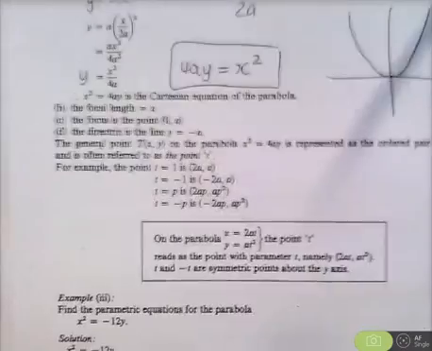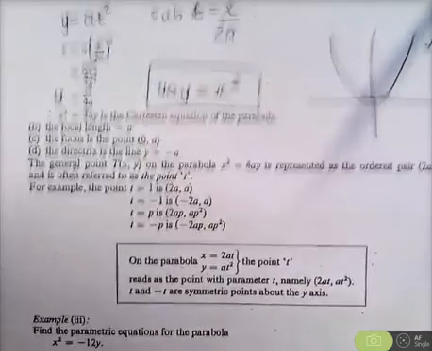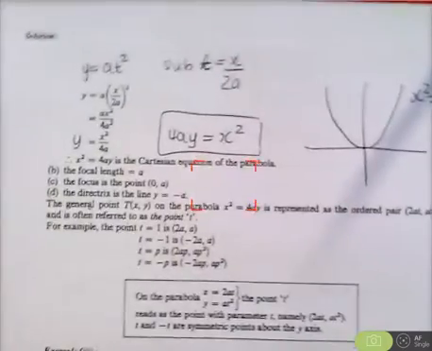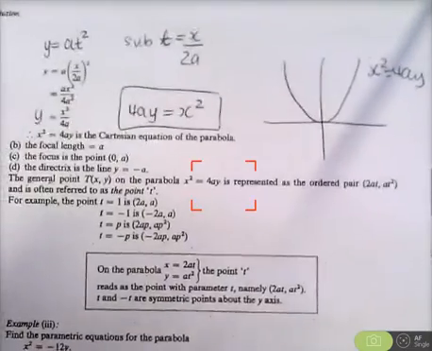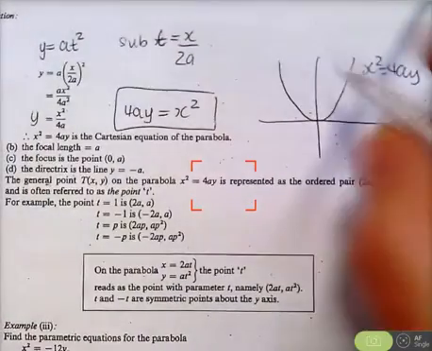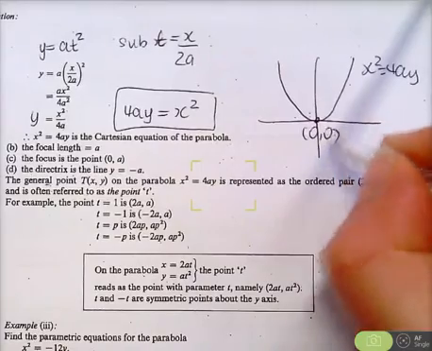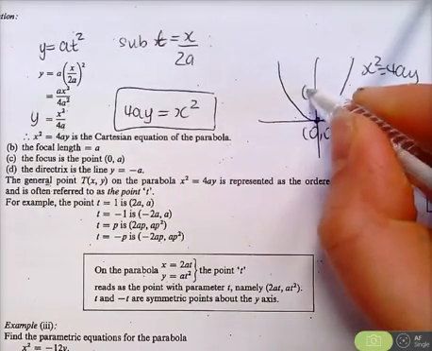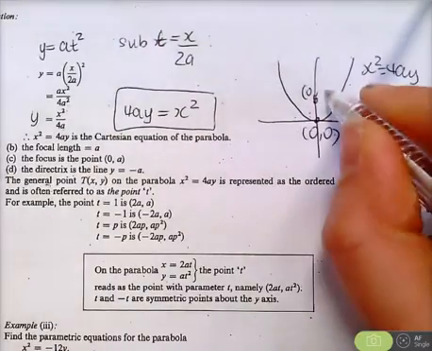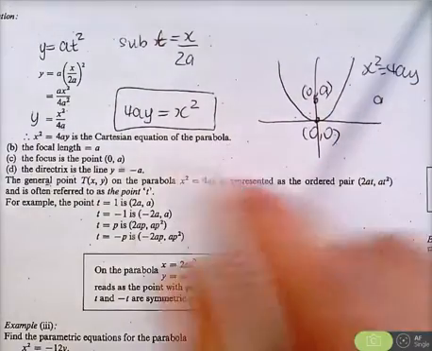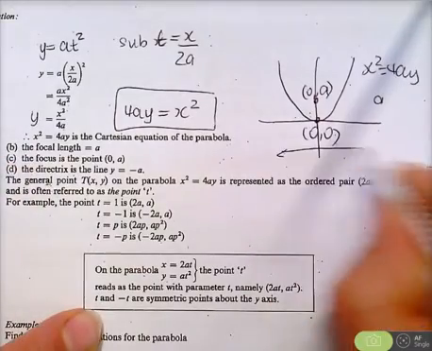If you've got x squared is 4ay, vertex 0, 0, girls, what's the focus? What's the focal length? a. That's the focus, 0, a. What's the directrix?